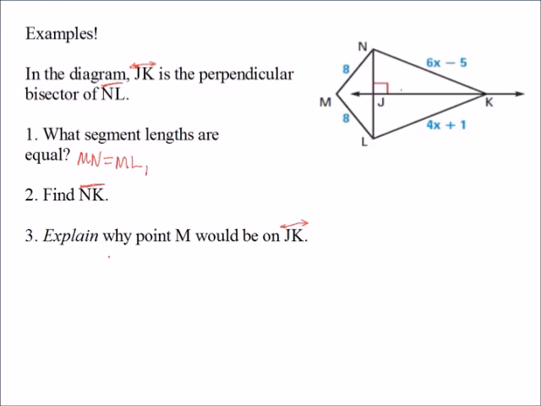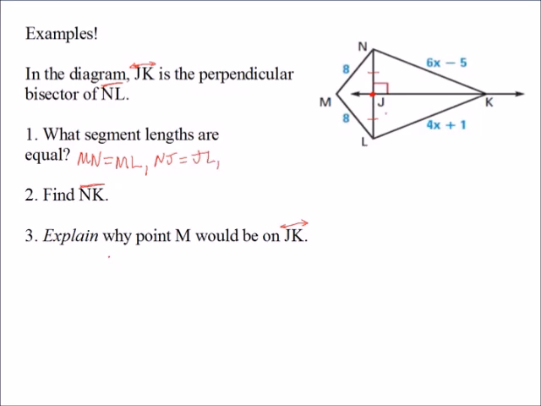Let's see right here. We know that the perpendicular bisector is JK. One of the definitions of the perpendicular bisector is it has to be at the midpoint J. Since we know J is a midpoint, we know that these two segments have to be congruent. So NJ has to be equal to JL.